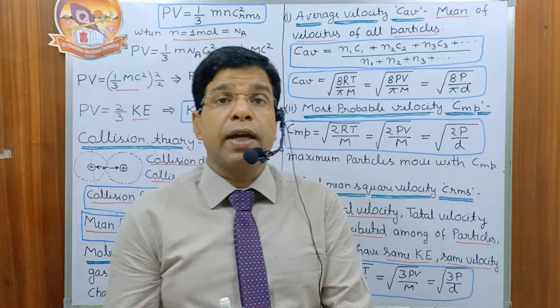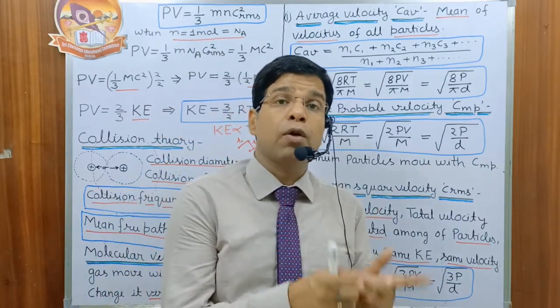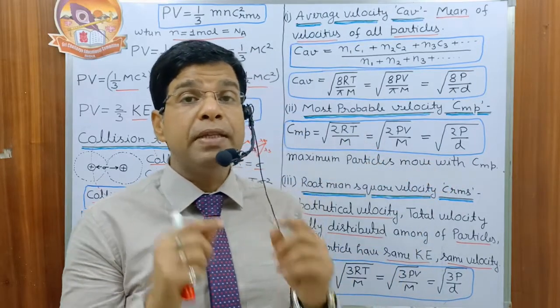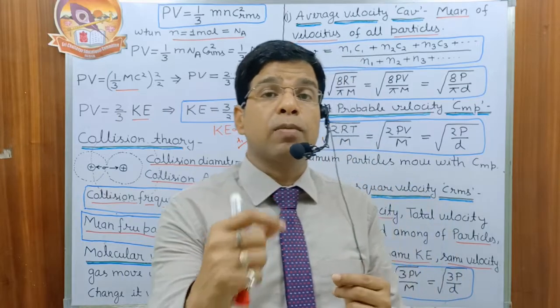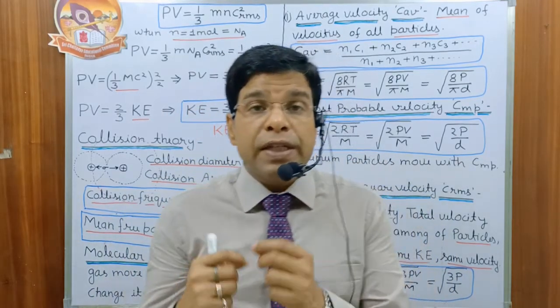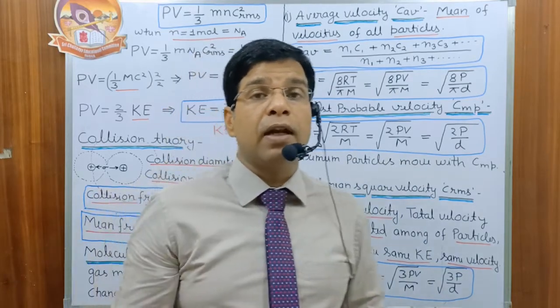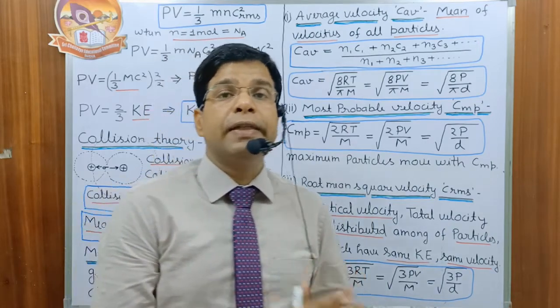In 1 second, molecular collisions are 10 to the power 25 to 10 to the power 28, meaning in 1 second a molecule changes its velocity 10 to the power 25 to 10 to the power 28 times. So experimental calculation of the velocity is not possible, so we define the velocity in three different manners.